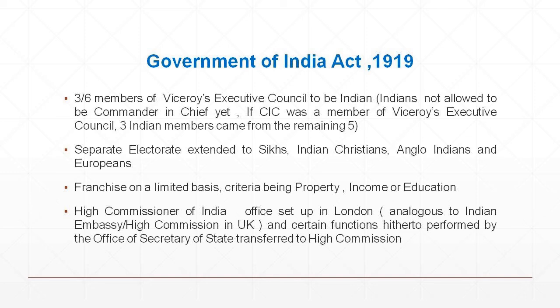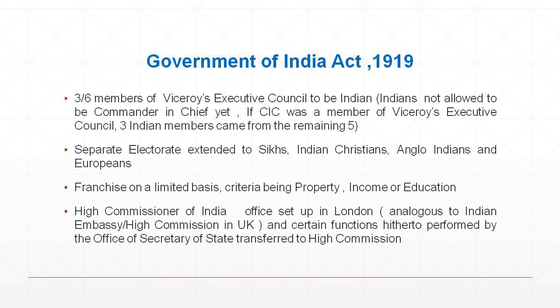Sixth point, it granted franchise to a limited number of people on the basis of property, tax or education. So now the Indians have a chance to elect their members, but it is limited on the basis of property. Like if you own, say, 10 acres of land and above, you can vote.